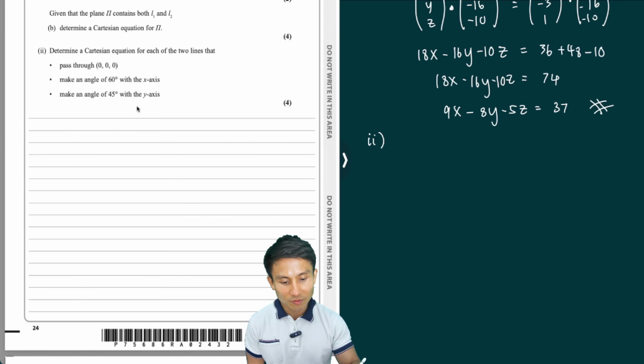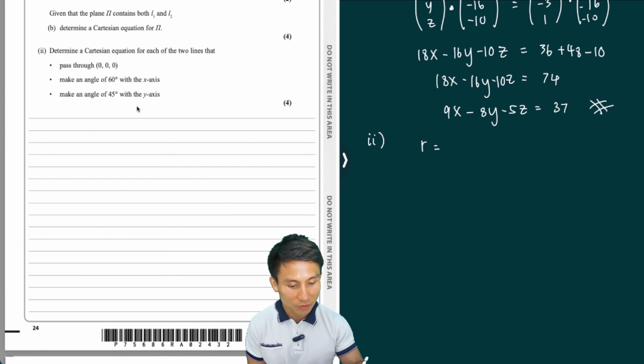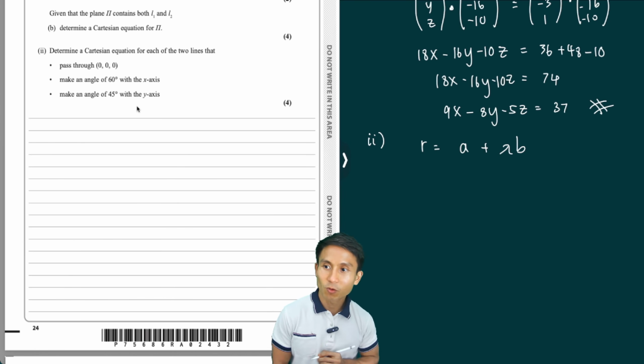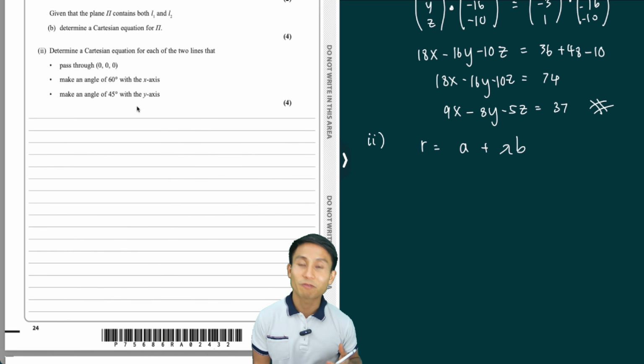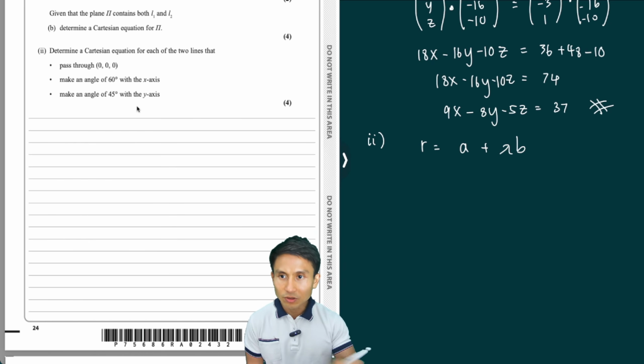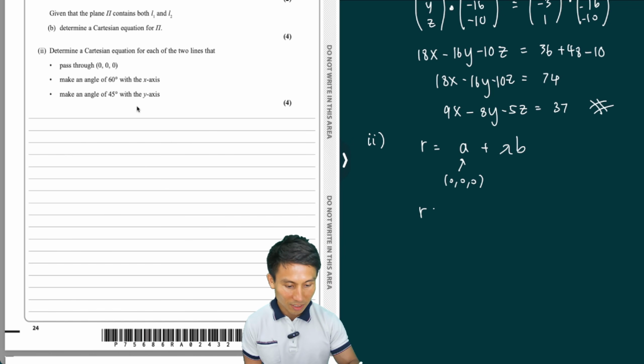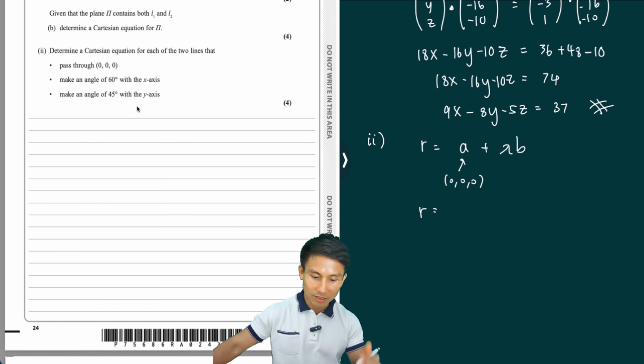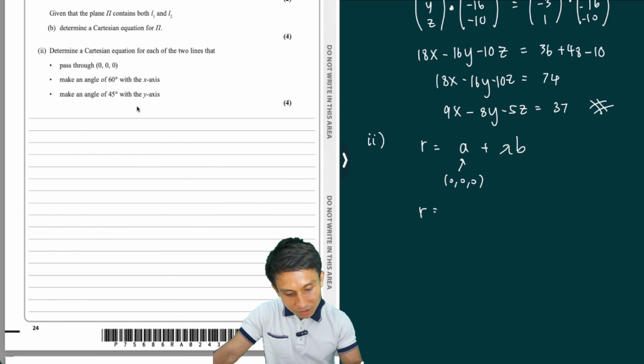So if we put an arbitrary vector equation of a line, we get a plus lambda b, where b is just the direction vector of the line, and a is just any point on the line. Because it passes through 0, 0, 0, we can put that as 0, 0, 0 already. So here we just have the vector equation as some lambda times the direction vector.